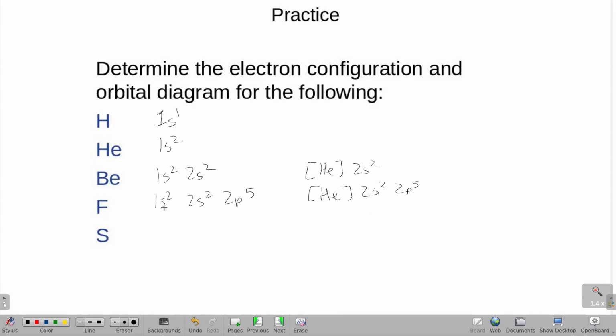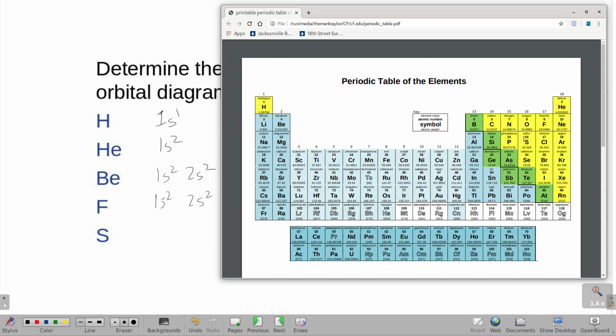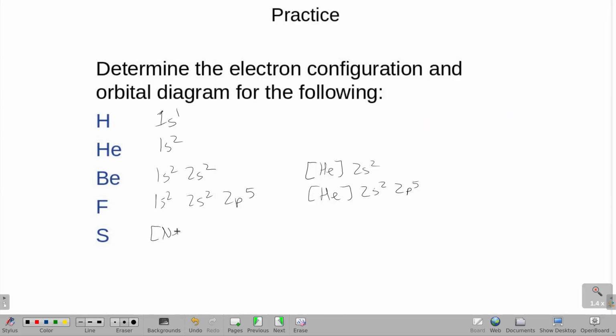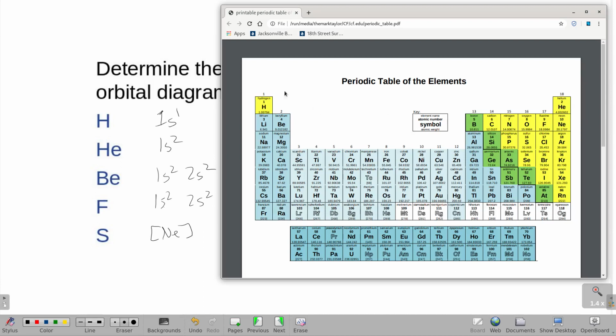The noble gas configuration will help us on the next one, because sulfur is down another row. So to do this electron configuration, I'm going to start with neon. And then after neon, we go down 1, 2, 3, and these are s orbitals, 3s2.